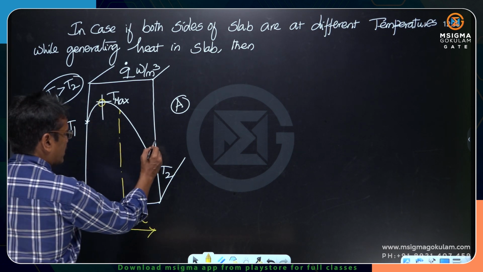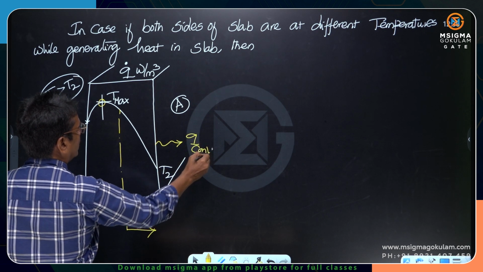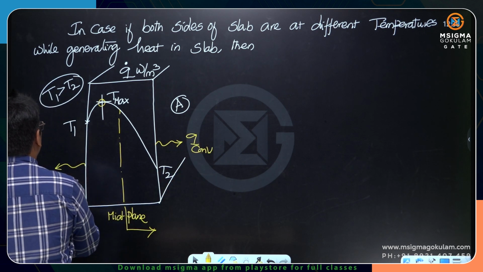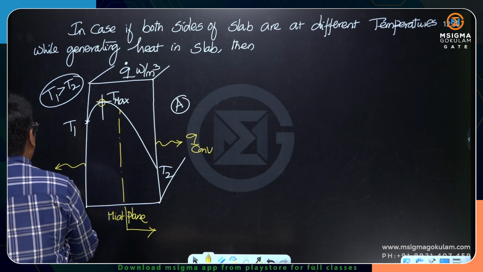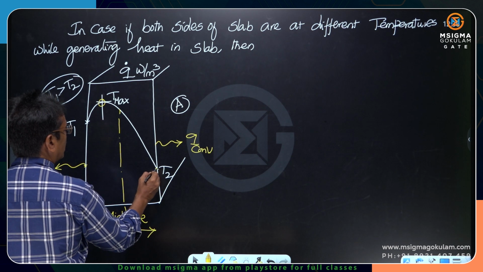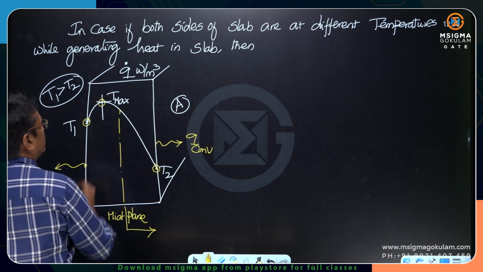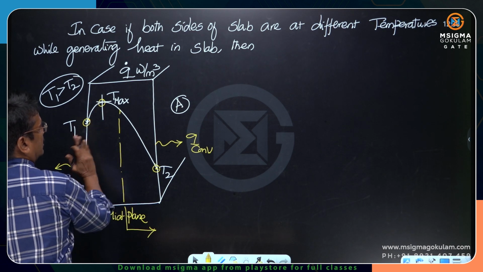Both sides have convection happening. Nothing is insulated. We have convection on both sides, but T1 is greater than T2. Then you see the maximum temperature on that side.